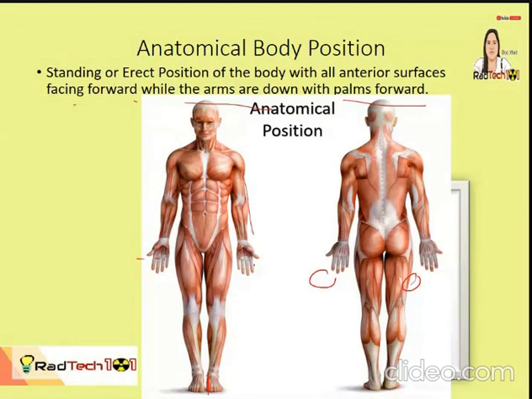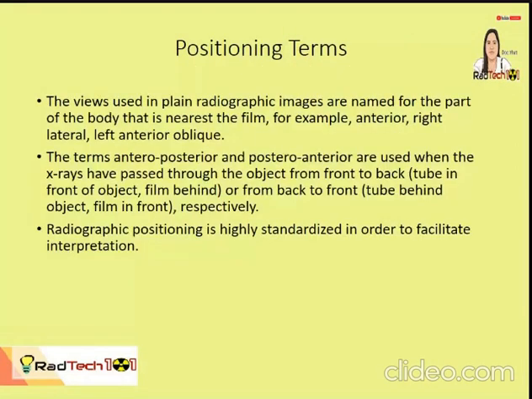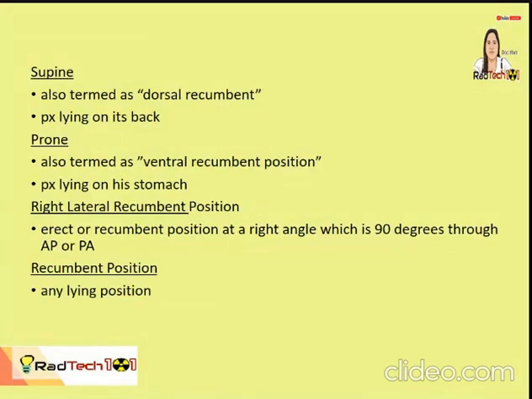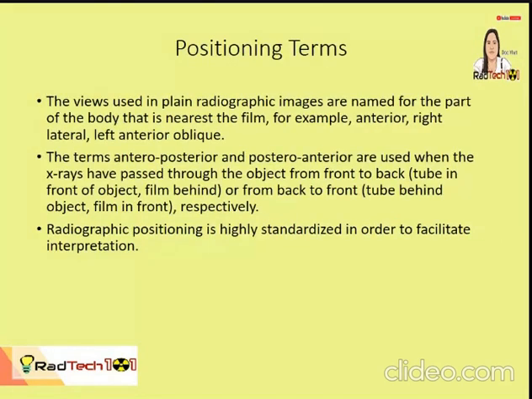Then sa next meeting, we will discuss the different positioning terms. Actually, again, this is just a review. So the views, yung mga supine, prone, right lateral recumbent. Actually, sige, discuss ko na lang. May time pa naman. So, positioning terms: the views used in plain radiographic images are named for the part of the body that is nearest the plane.